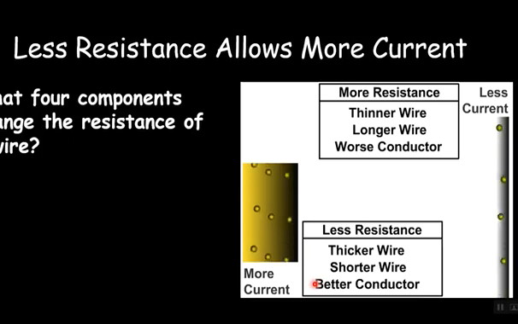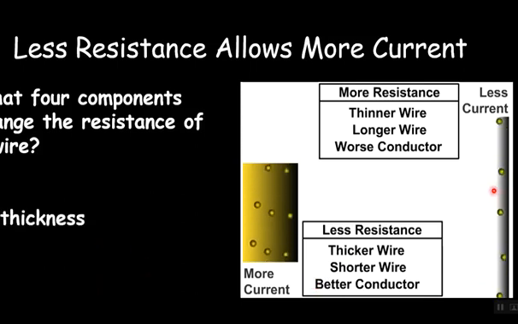So what four components change the resistance of a wire? If we think of a wire or any type of resistor, there are four things that influence how much resistance it has. Firstly, the thickness.